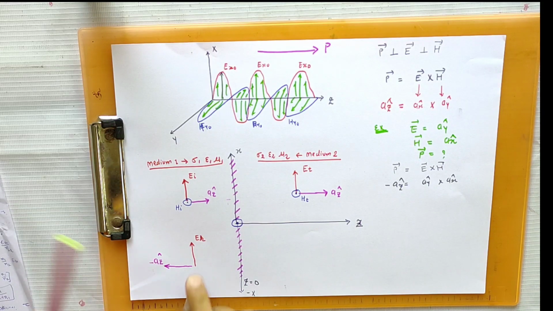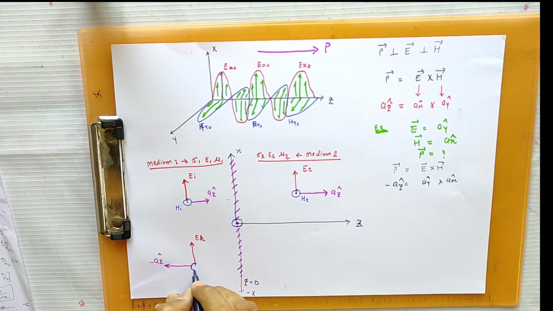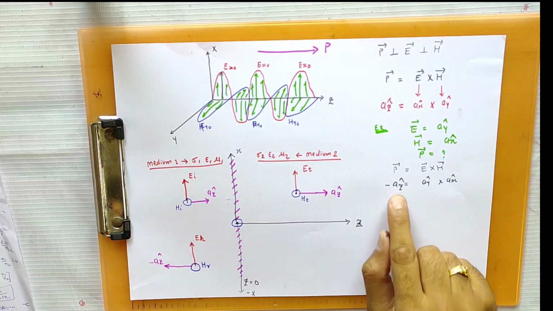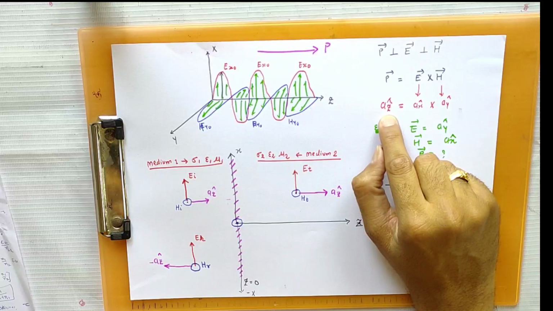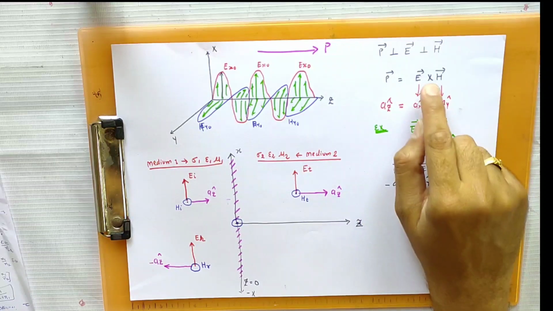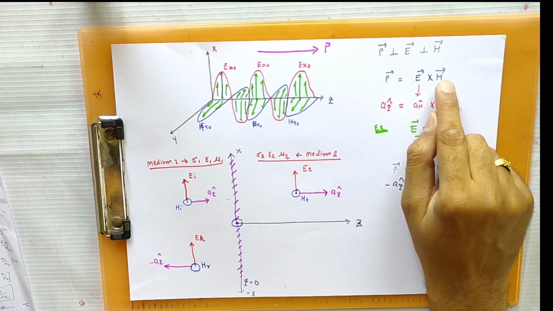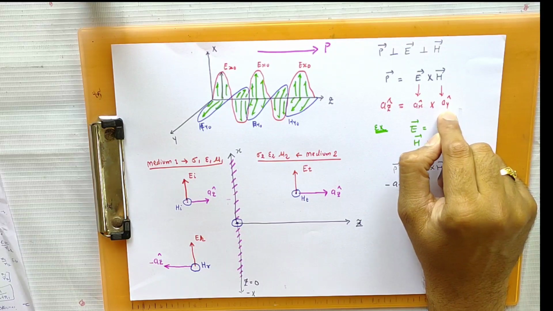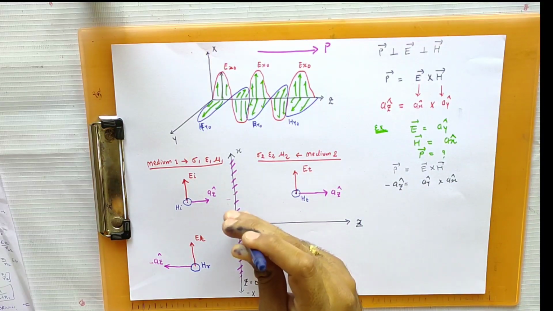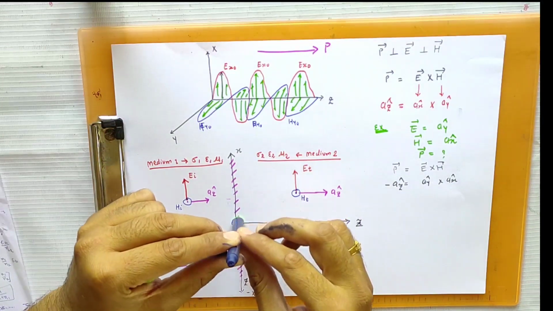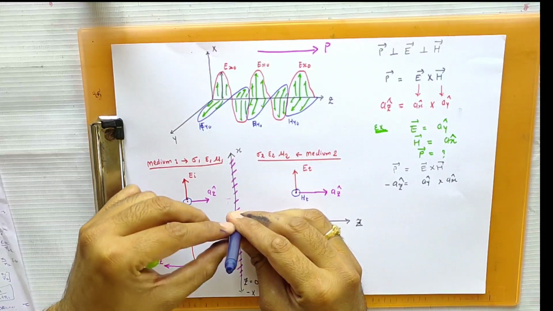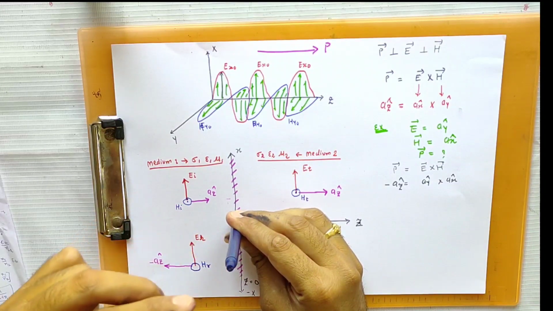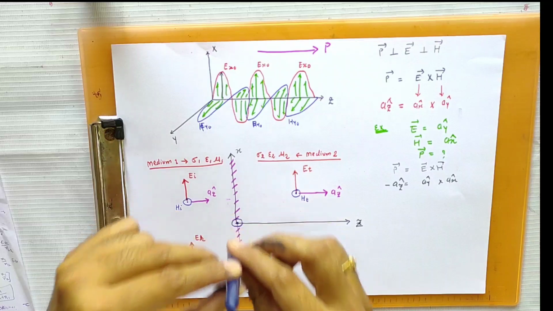So now, which one is the direction of the reflected magnetic wave, H_R? Okay, see here, the propagation direction is the minus z direction. Electric field in the x direction, so magnetic field in the minus y direction. Okay, this pen indicates the positive y direction, which means outside of the page.